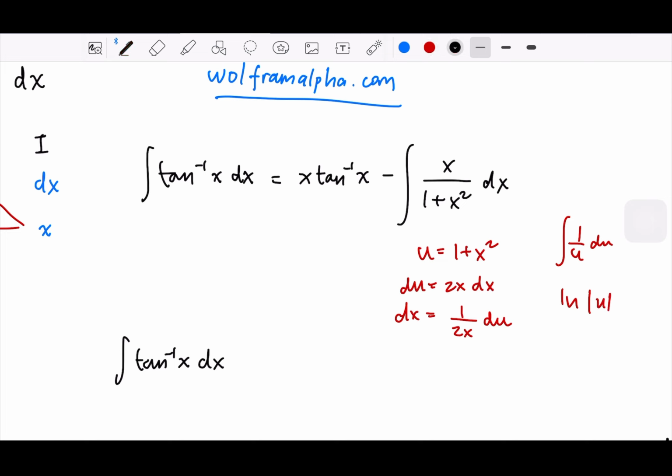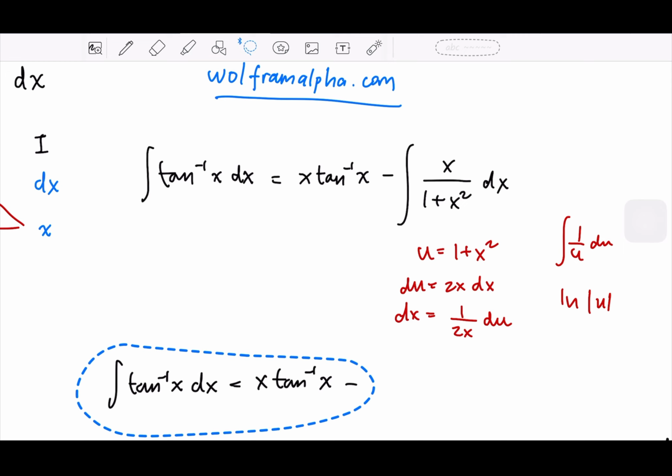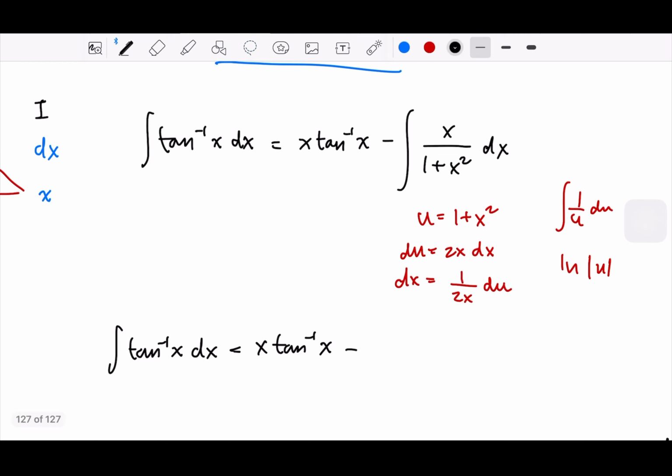So we can write this as x tangent inverse x minus, it's 1 over 2x, so I forgot the half here, half. So 1 over 2 ln of u, which is 1 plus x squared, but 1 plus x squared is already positive, so we can write it just with the bracket, plus constant.